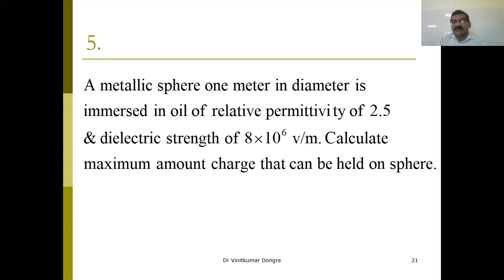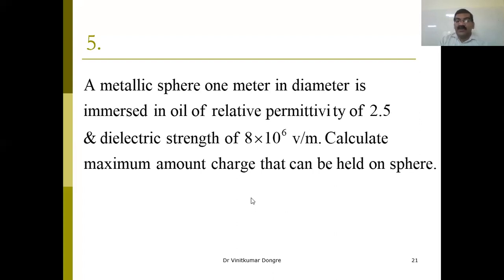Dielectric strength is given. Now we have to understand what the dielectric strength is. What is asked in the numerical? Calculate the maximum amount of charge that can be held on the sphere.